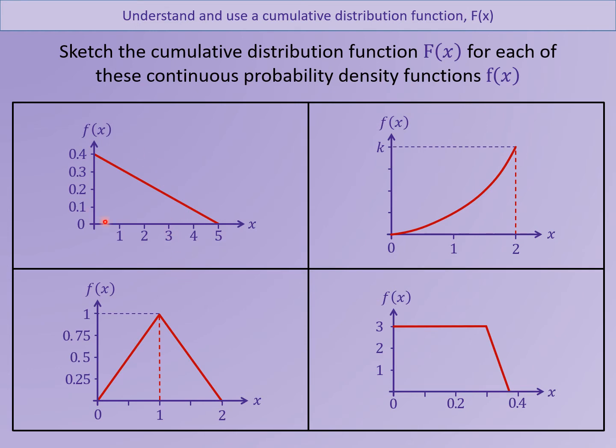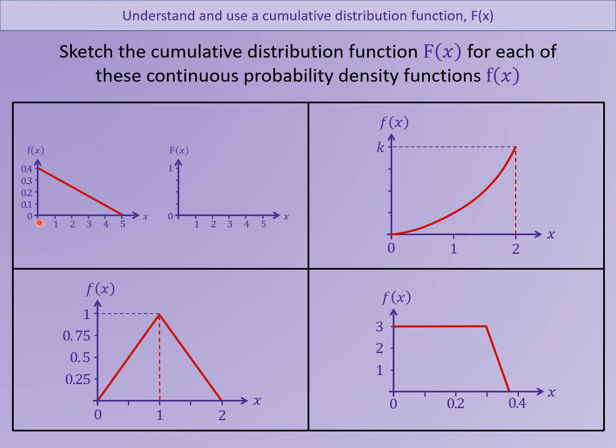Okay, so let's have a quick look at this first one, and then I'll give you an opportunity to pause again. On this one here, we start off with quite a high probability to start with. Although it's at 0, because before it there's no area at all. In fact, if I just take a microscopic moment forwards, there's still hardly anything because it's a ridiculously thin rectangle or trapezium at that point.